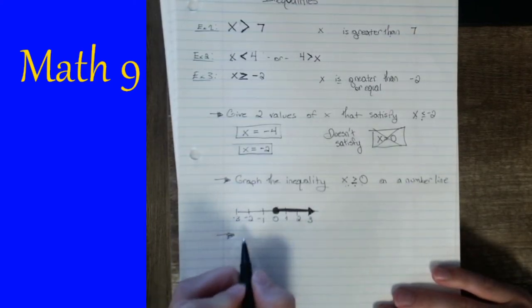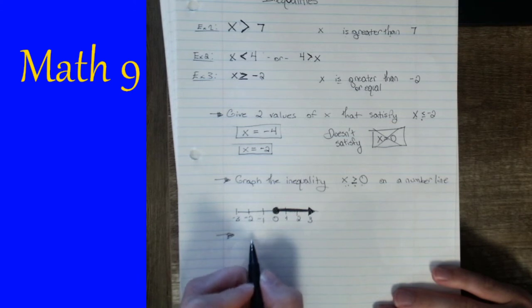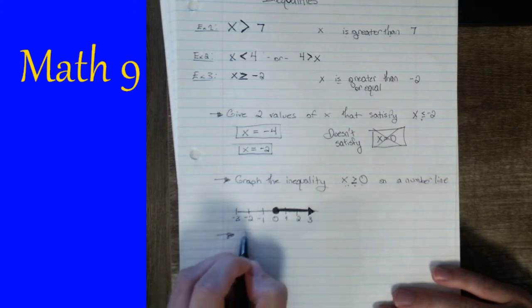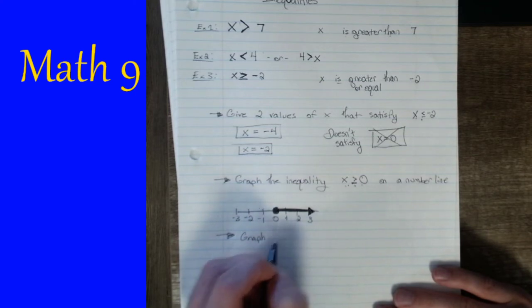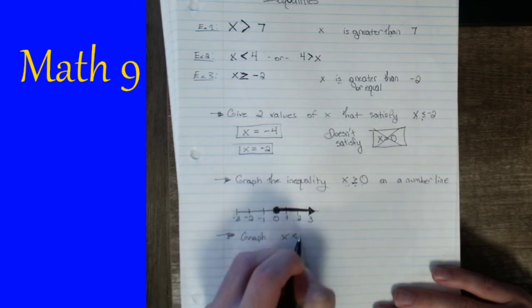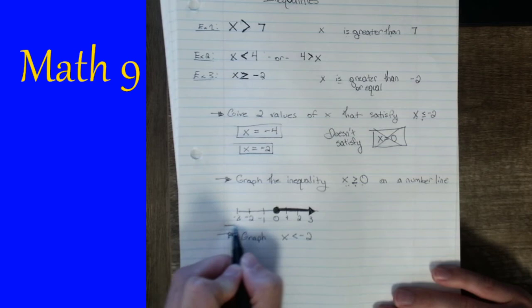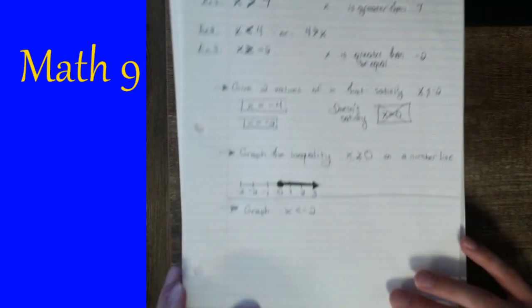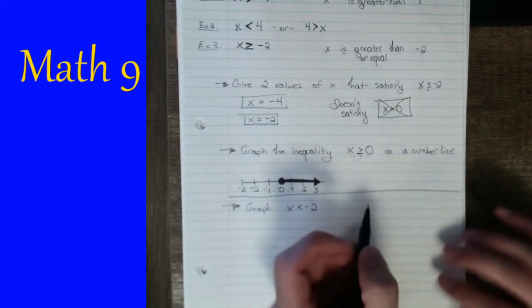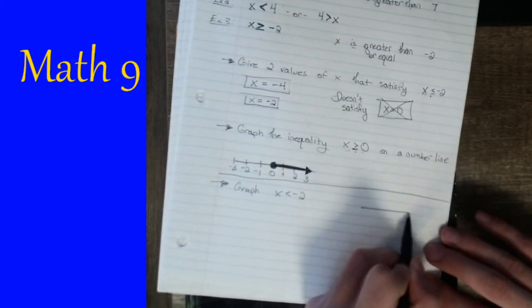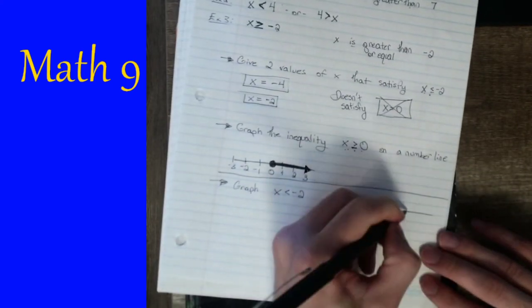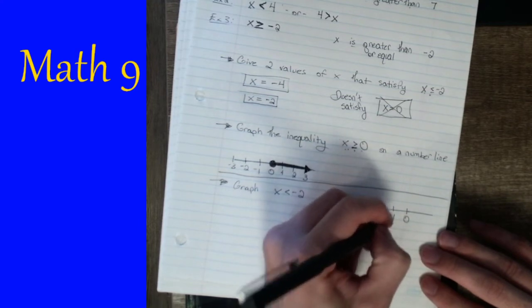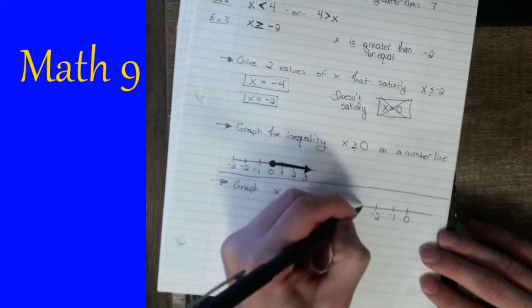Alternatively, let's graph the inequality x is less than -2. In this case, we'd have our number line. Perhaps we'll say 0, -1, -2, -3.